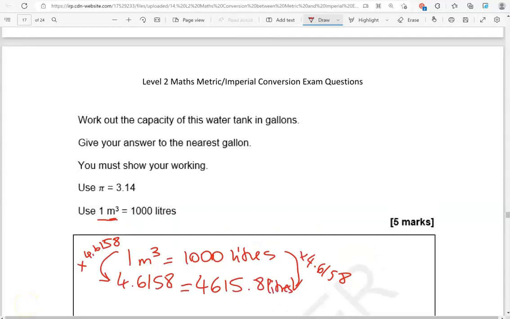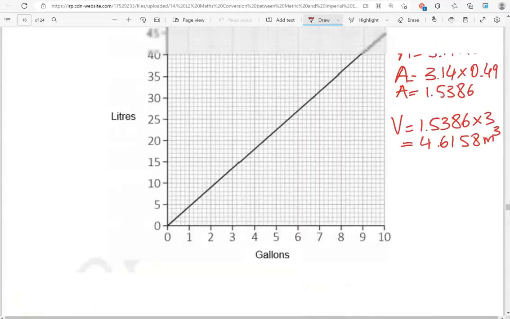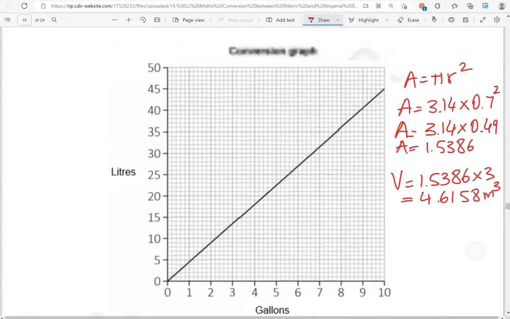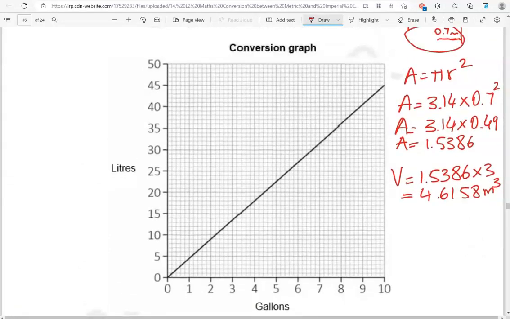We need the capacity in gallons. Let's have a look. I can see that 45 liters are equal to 10 gallons.